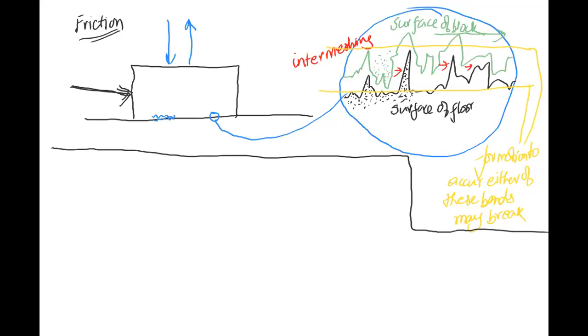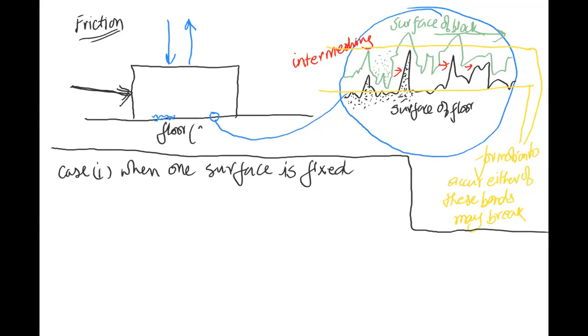So case one is when one surface is fixed. ये फ्लोर है, ये फिक्स्ड है. ये ब्लॉक है, ये मूवेबल. राइट. तो मैं पूरे फ्रिक्शन की स्टडी को दो पार्ट्स में ब्रेक कर दे रहा हूं.